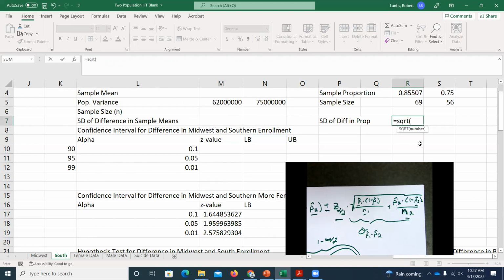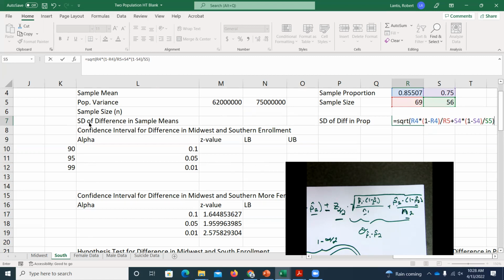So we'll take the square root of my sample proportion times 1 minus that sample proportion divided by that sample size. And I'll add to that my second group's sample proportion times 1 minus that group's sample proportion divided by that group's sample size.